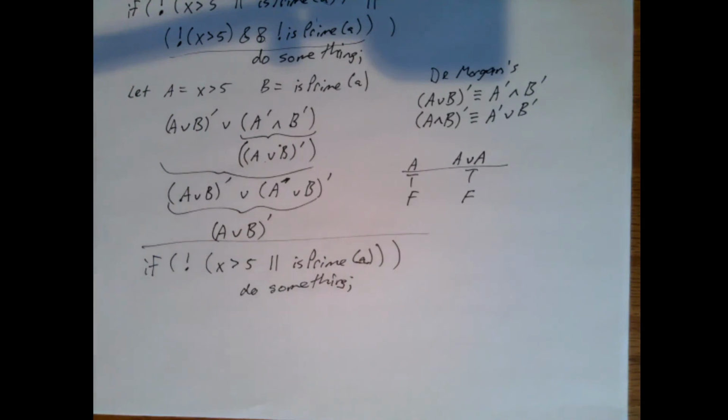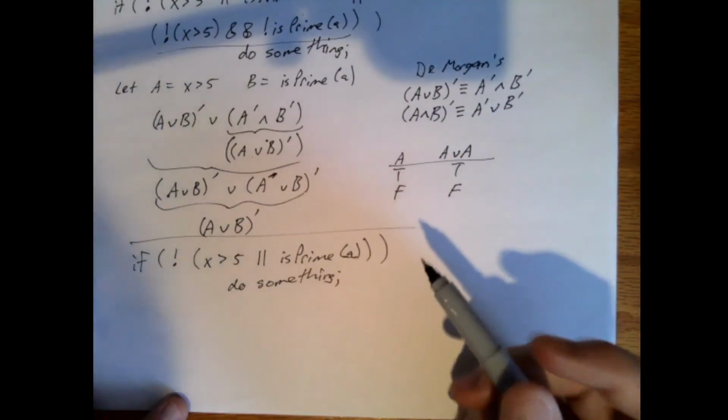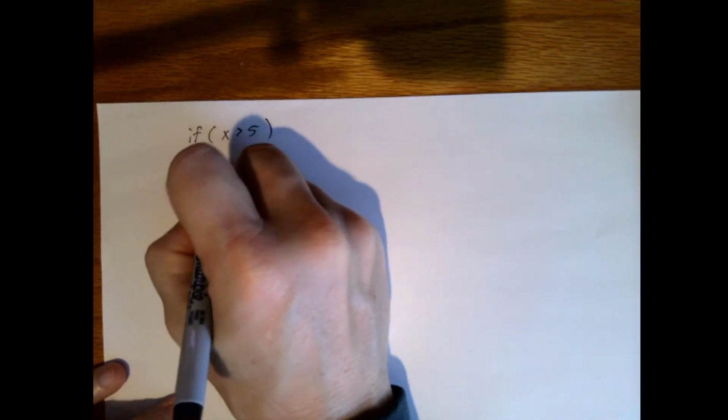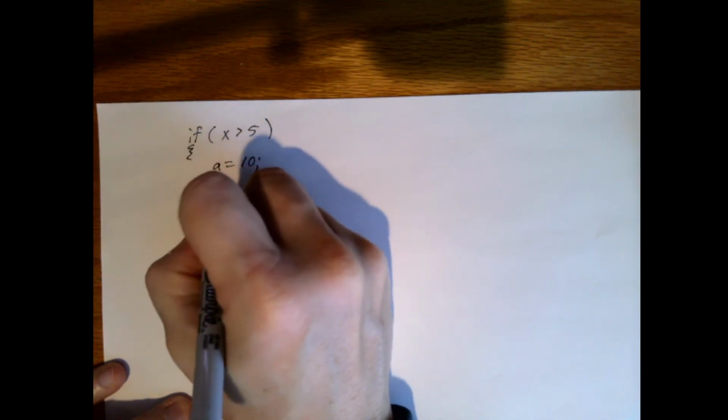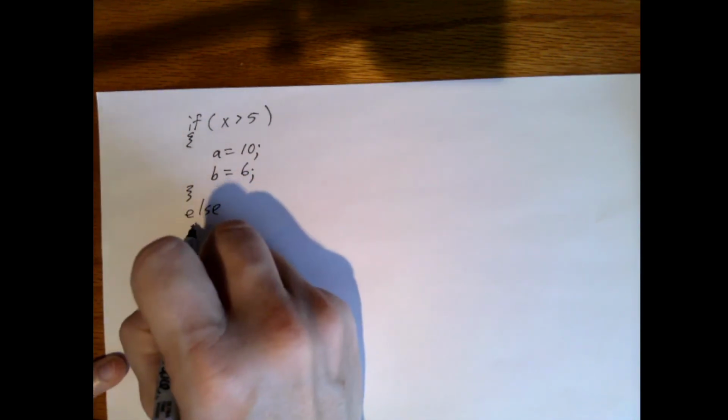So there's some simple examples. Now you may look at these and say, well, nobody really does this. Well, I can tell you from having taught programming classes for many years, I would occasionally see things that students would do that really didn't make sense. Maybe not necessarily this, but I might see something like this. I'd see, if x is greater than 5, A equals 10, B equals 6, else B equals 6.